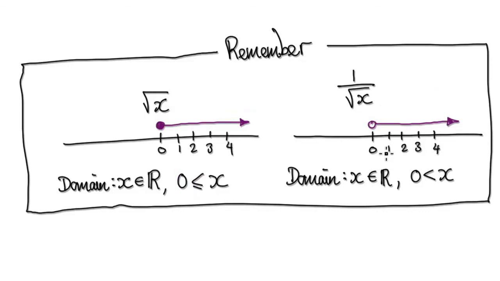So the domain for this is that x must be strictly greater than 0. So the difference here is that this can be 0 and this is strictly greater than 0. This is not allowed to be 0 because of this 1 divided by thing. Okay, so the domain is what you can put into the machine without the machine breaking down.